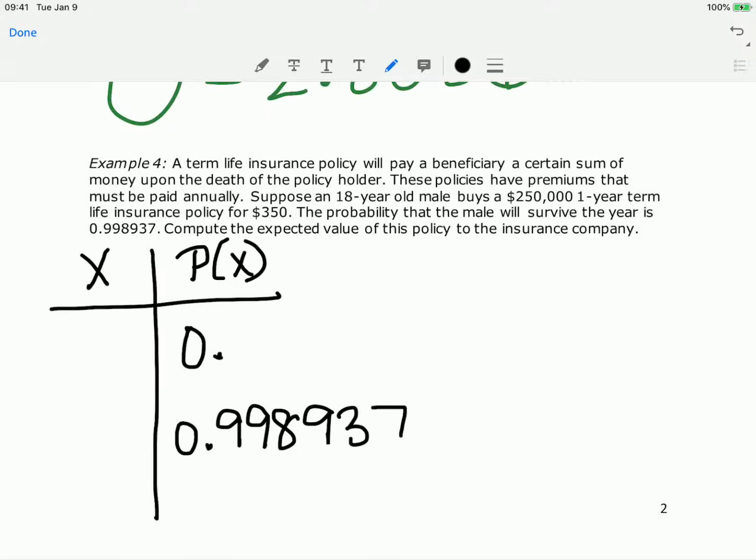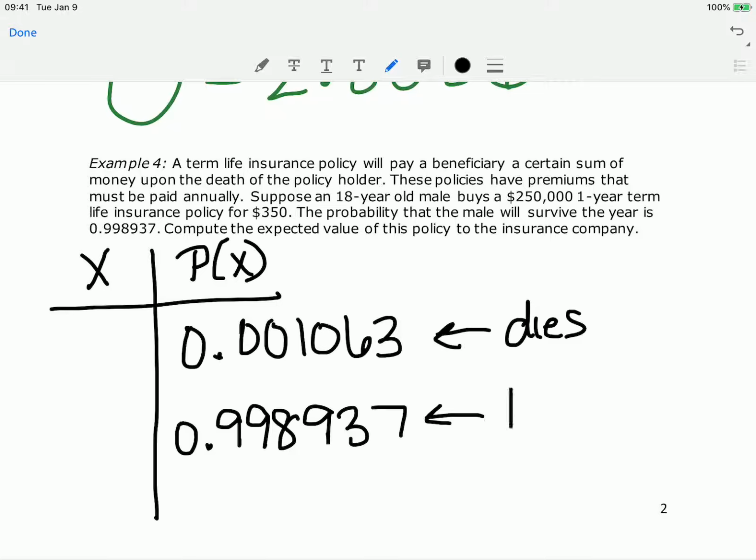The probability that he lives is 0.998937. The probability that he dies is 0.001063.